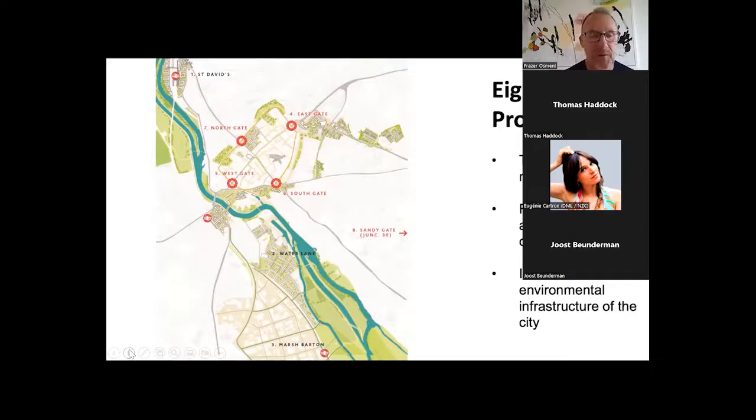Again, I won't go through each of these projects in detail, but effectively we're talking about creating 2 significant new neighbourhoods for the city, improving the approaches to the city. But I think perhaps most importantly, we're talking about a coordinated investment in the environmental infrastructure of the city to set that essential framework on which people can move around the city differently, transport will operate differently, and nature will be embedded in the city in a more positive way. Next slide.